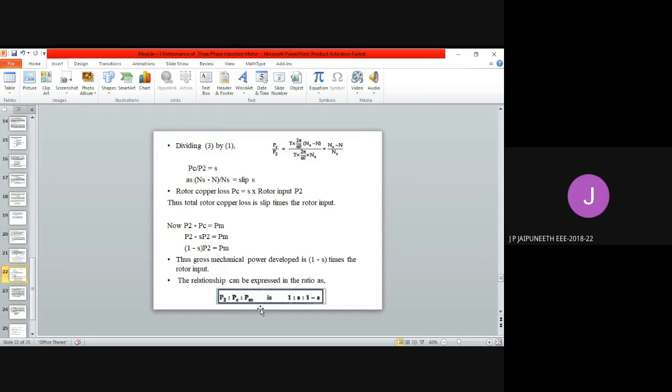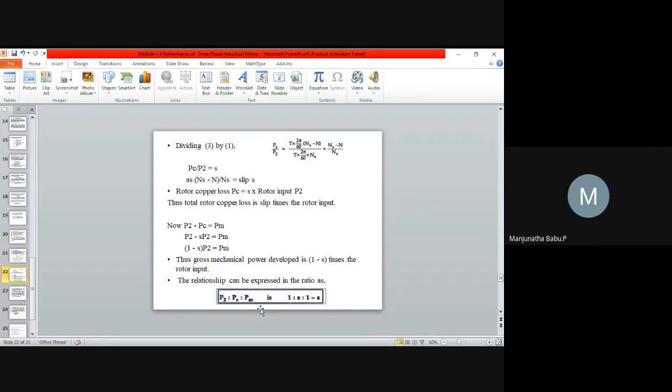So same, P2 by PM is equal to S divided by 1 minus S. So find what is PM. 47 kilowatts, sir. Okay, 47.04 kilowatts. Yes, sir.